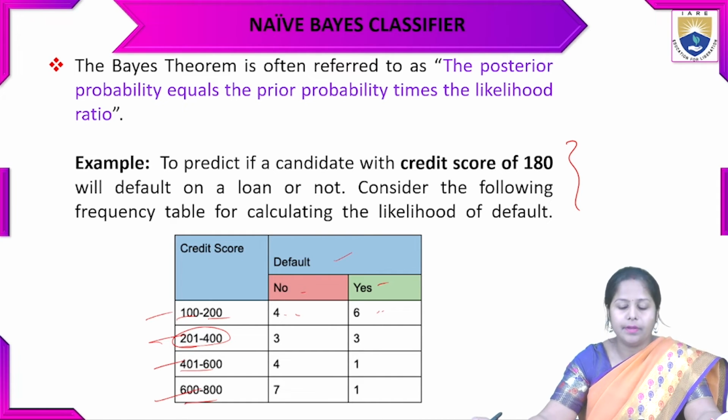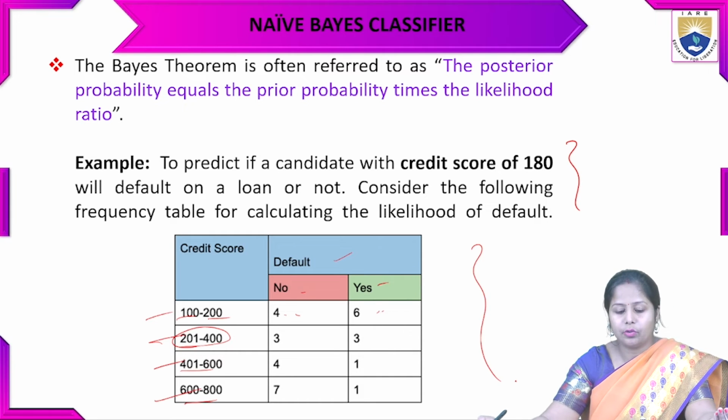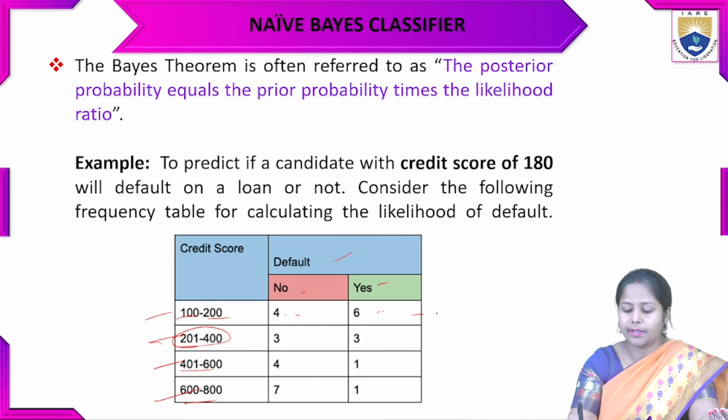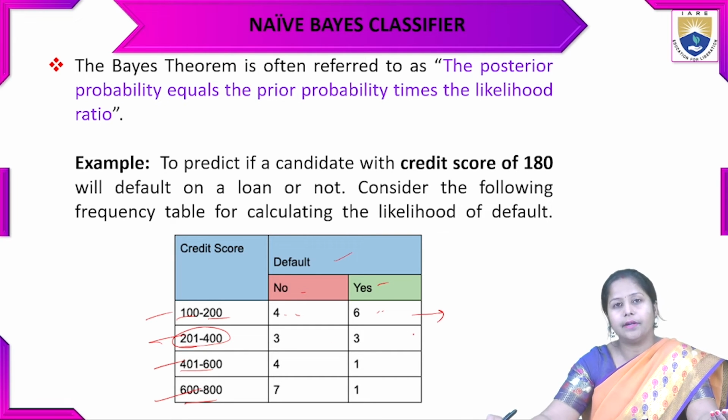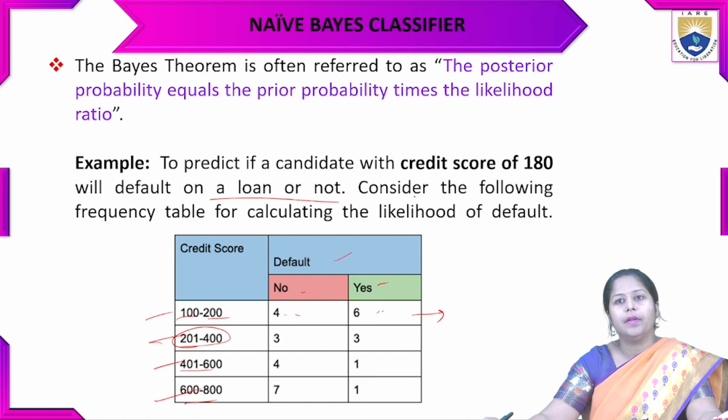So this is an example frequency table. The problem is to predict whether a candidate having a credit score of 180, which comes under 100 to 200, will default on a loan or not. So it is whether the bank is going to give the loan to that particular person or not.